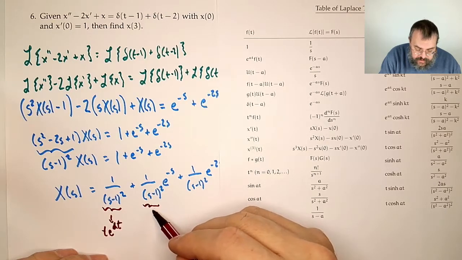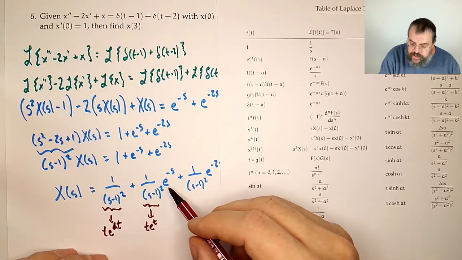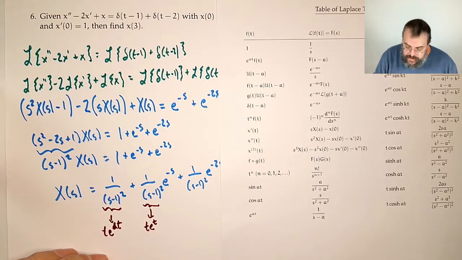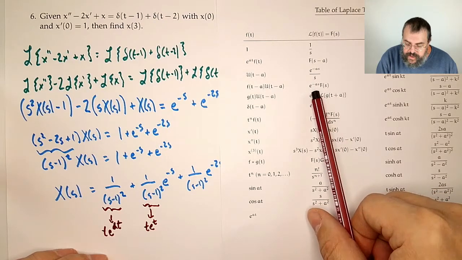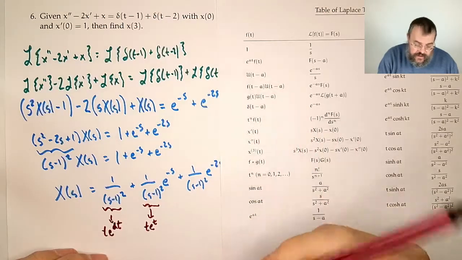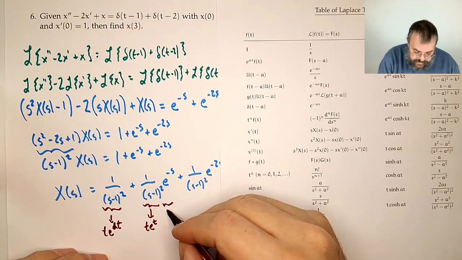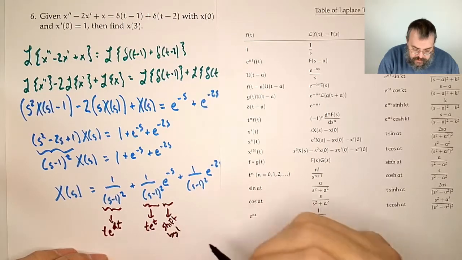Now, you'll notice it's the same function here, but what does the e to the minus s do? Well, now we say if you have some function multiplied by e to the minus as, it's a shift. So here, this says shift by 1.